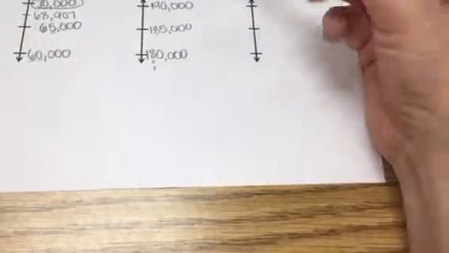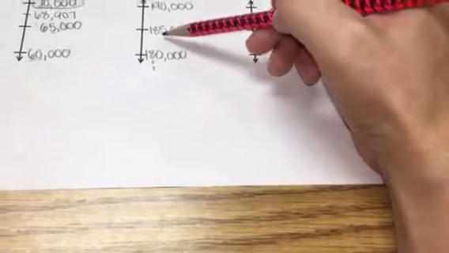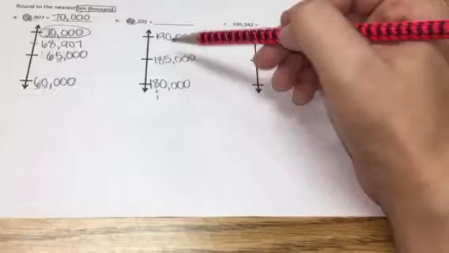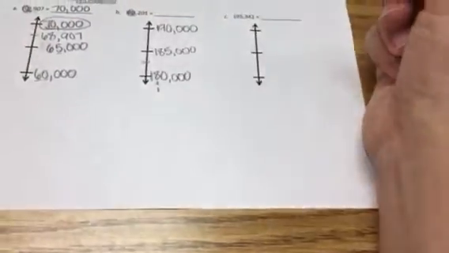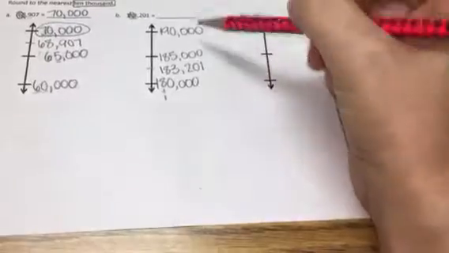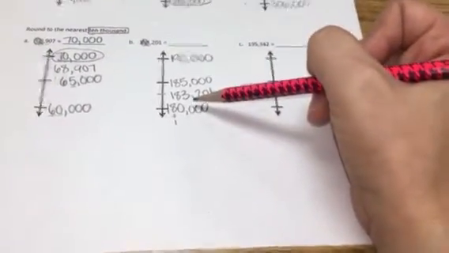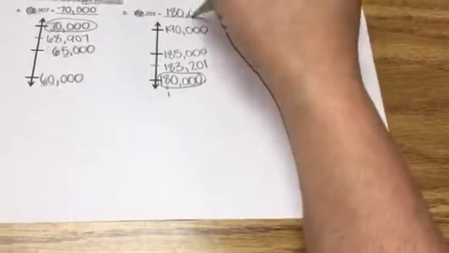Okay, so is 3,000 going to be lower than 5,000 or higher than 5,000? Well, we know that 3,000 is less than 5,000, so our number is going to be somewhere right here, 183,201. So now, is this number closer to 190,000 or 180,000? Well, we know it's closer to this one, so we're going to circle it and then write it in the blank.